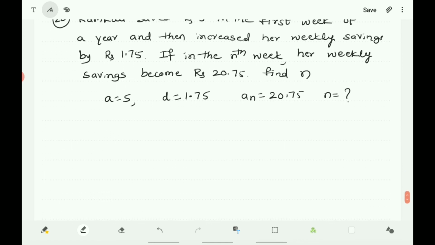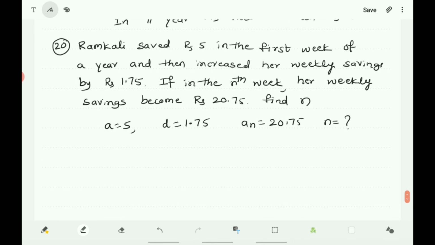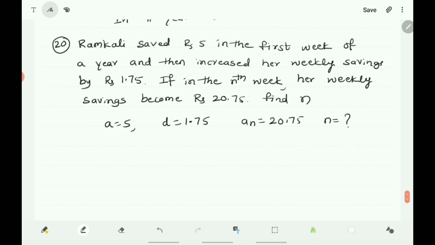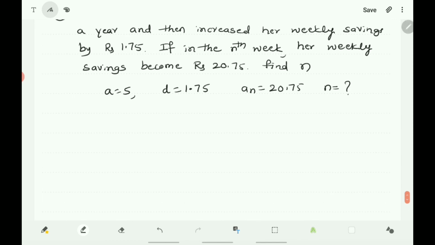So you write the formula for AN. Here her first week saving is rupees 5, so A is equal to 5, and the weekly increase is 1.75, and the nth week saving is rupees 20.75, so you find N. AN is equal to A plus N minus 1 into D. A is here 5, N we have to find out, D is 1.75, equal to 20.75.